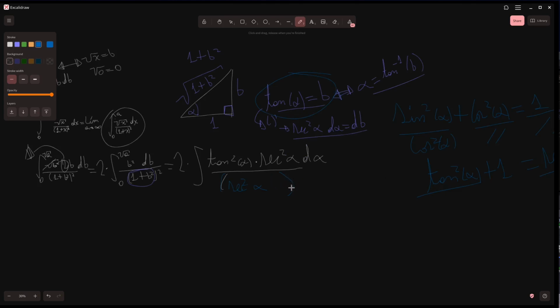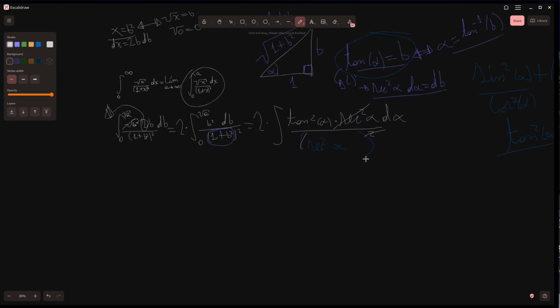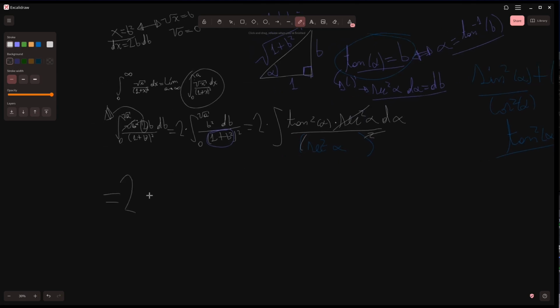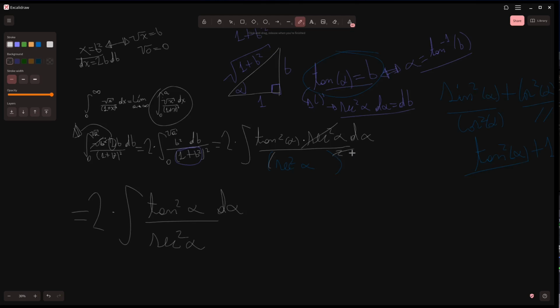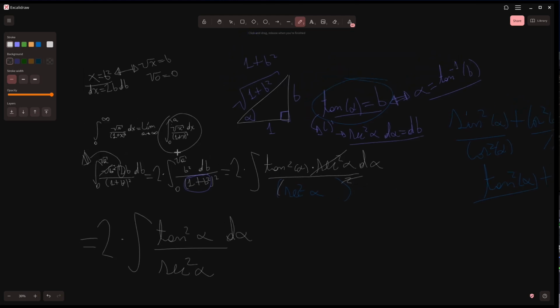We can cancel this exponent with this secant, and we get 2 times the integral of the tangent square of the angle over the secant square of the angle, and the limits should be these limits, but inside this function.